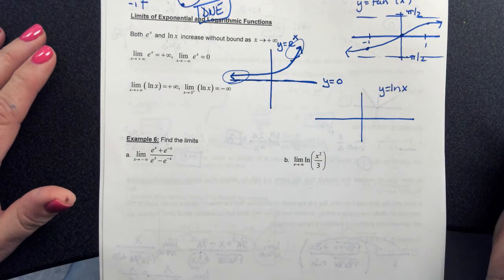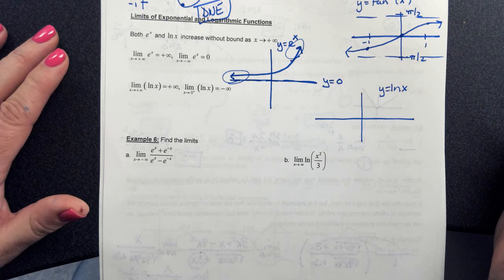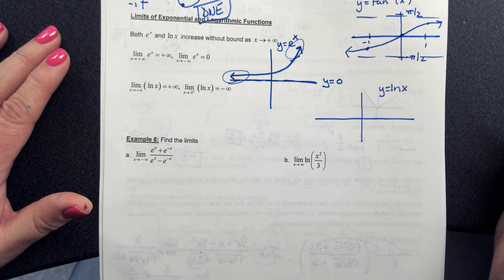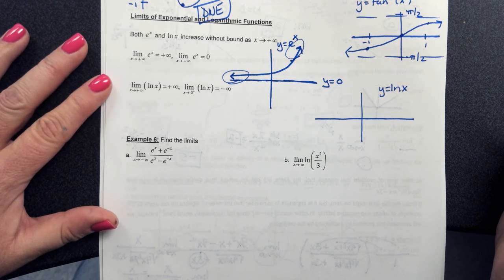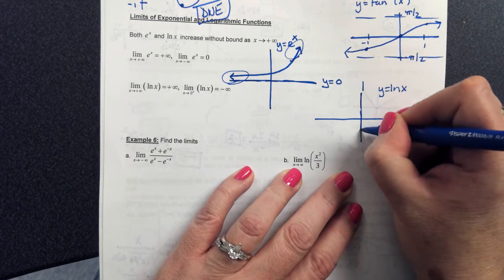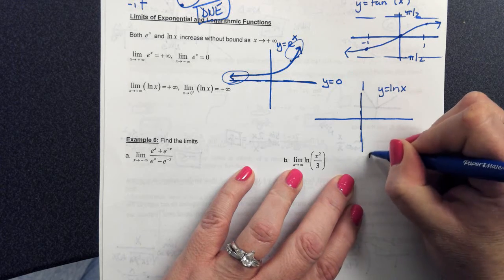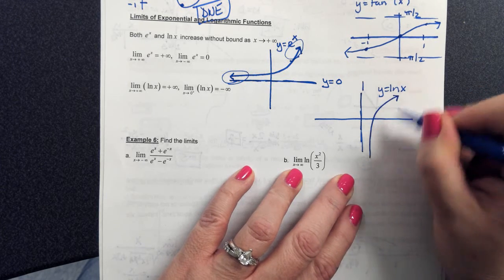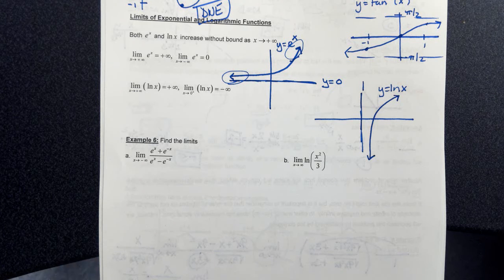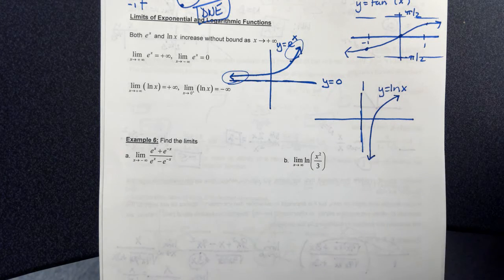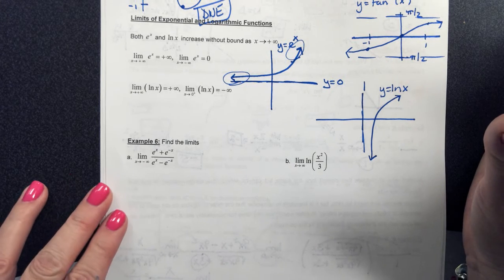Do you have a horizontal asymptote for log functions? What kind of asymptote for logs? Horizontal or vertical? Vertical. You run the graphs with something like this. Any logarithmic function, whether it's a natural log with a base e, a base 10, a base 5, a base 3, the end behaviors of the graphs are the same.